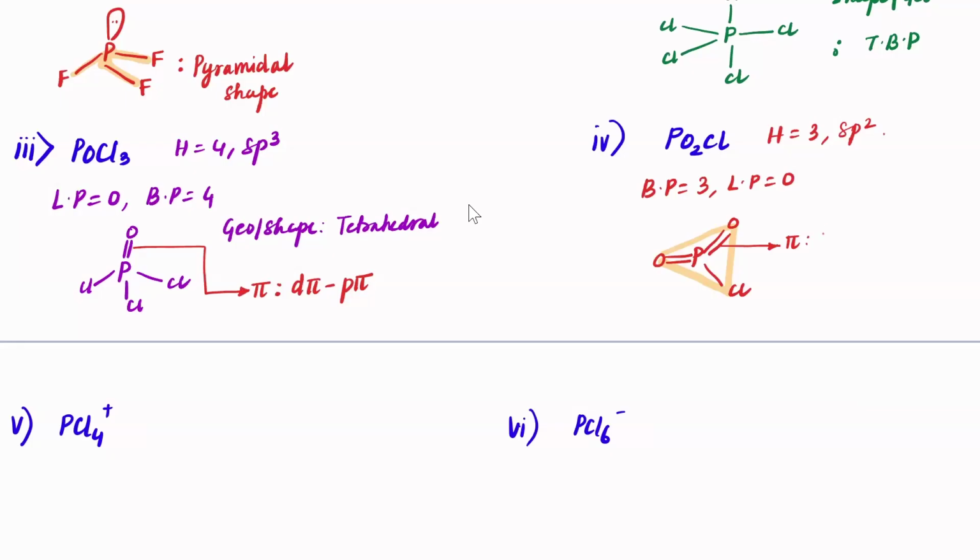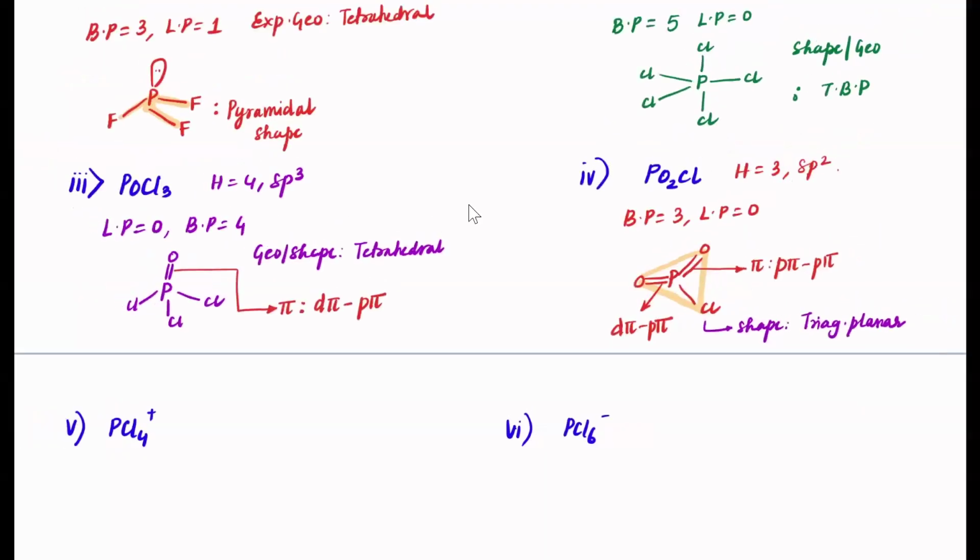So one I can use as p pi, and one I can make as d pi. Okay. So the shape is trigonal planar.